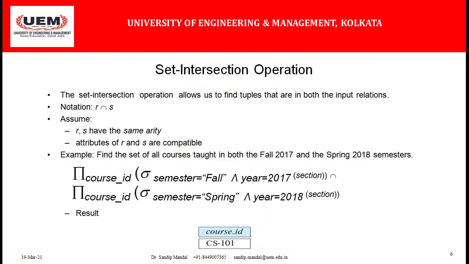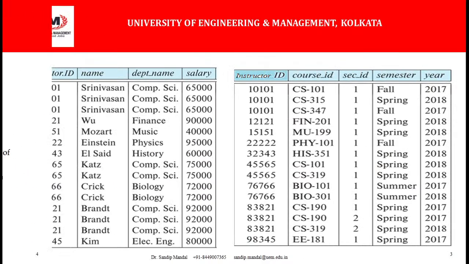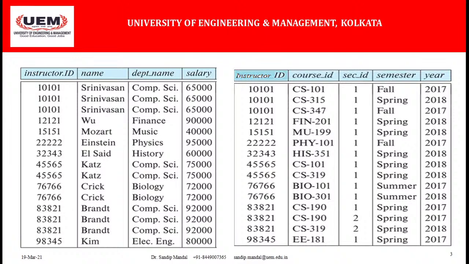So what is the meaning of that? First you find out all the courses available in the fall semester of 2017, that is three courses: CS 101, CS 347 and PHY 101. Good. Now from these courses, find only those that are not available in spring 2018.